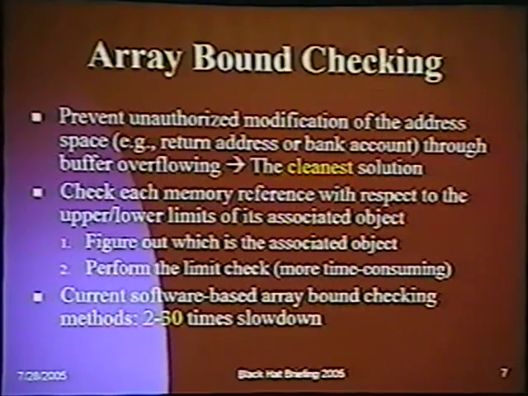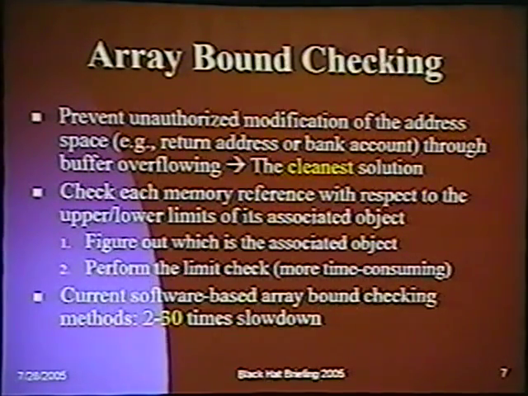The basic idea of array-bound checking is that for every memory reference in the program, I check whether this particular reference lies within the upper and lower limit of the corresponding object. For every memory reference, if it belongs to an array, I can find out its lower bound and upper bound and make sure that no reference can exceed it. This includes both arrays and buffers, so it also includes things allocated from malloc, for example.